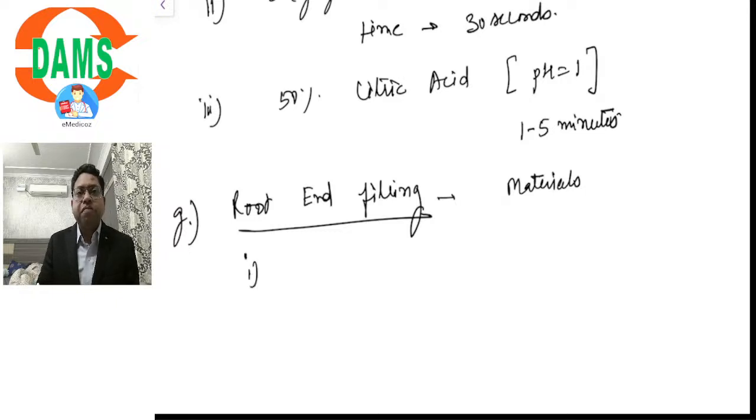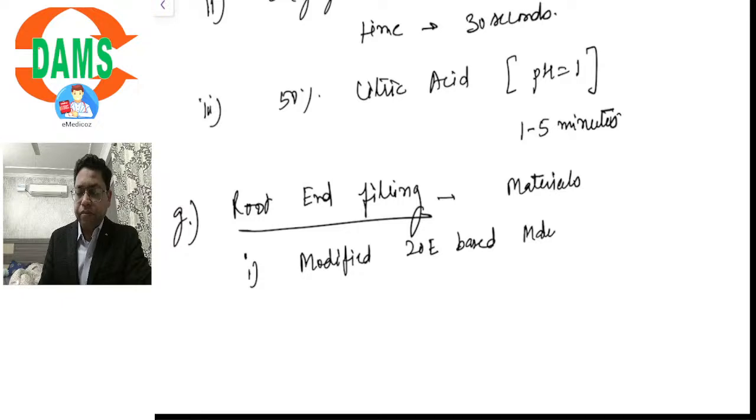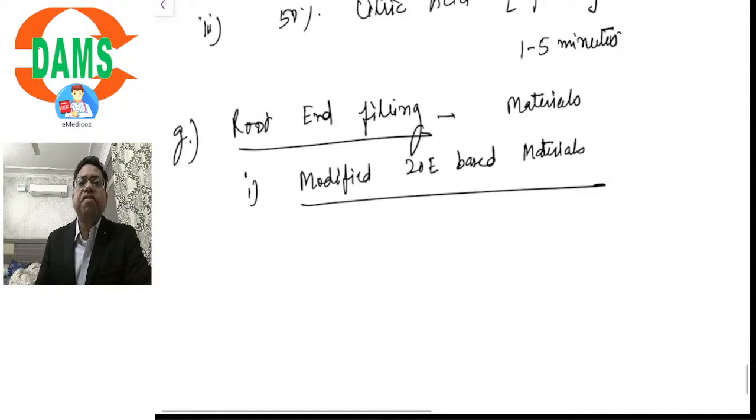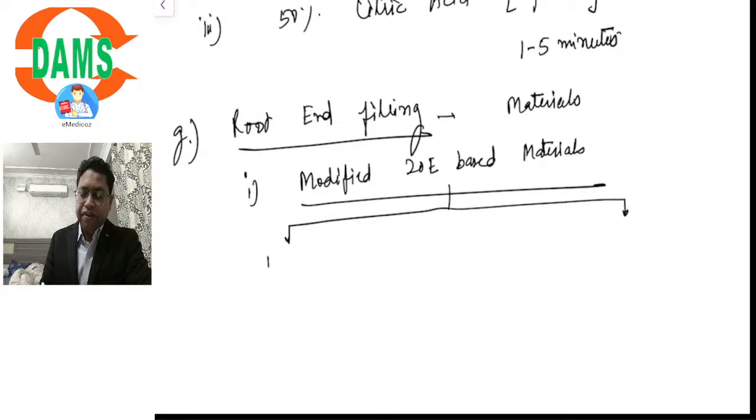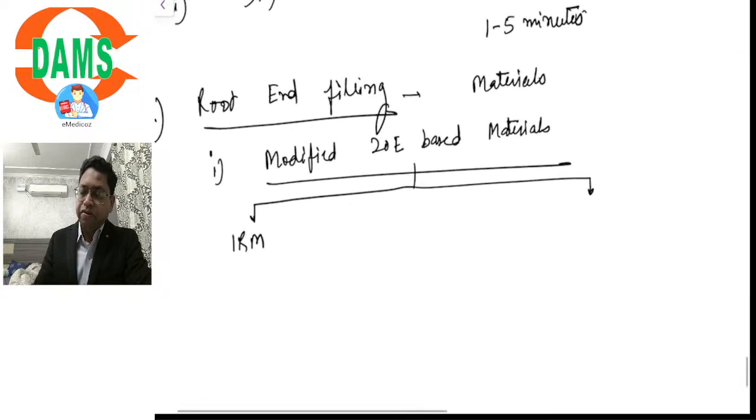Of the various categories of materials available, the contemporary materials that can be used for root end filling can be listed into the following types. First are the modified ZOE based materials. The two principal examples of them are IRM and Super EBA.